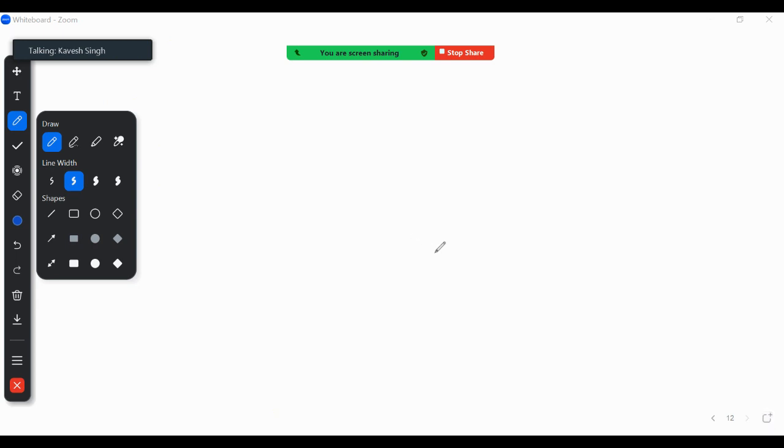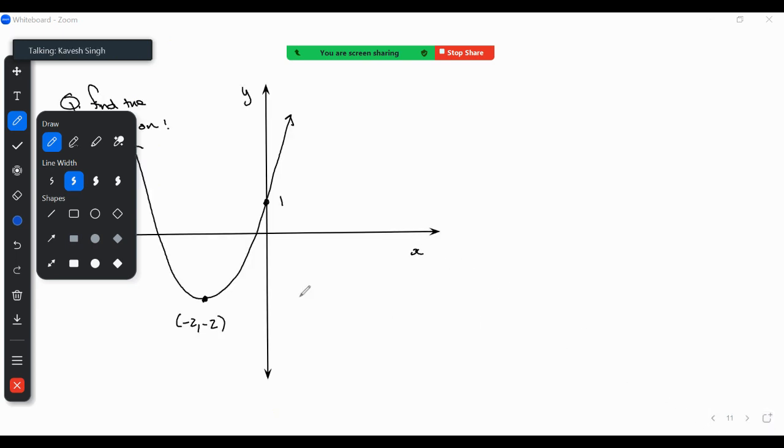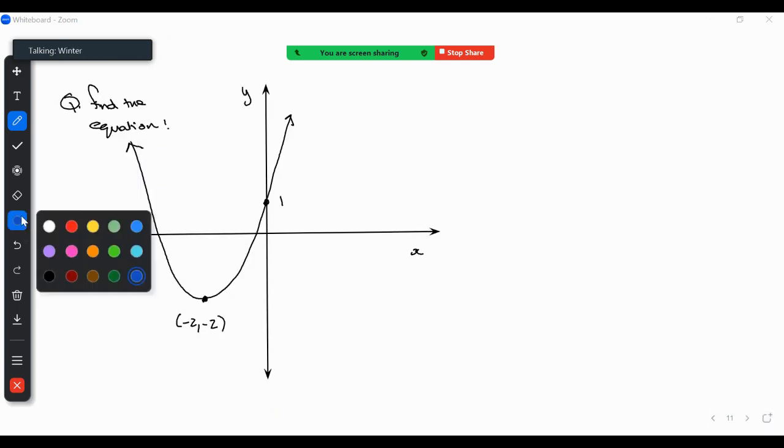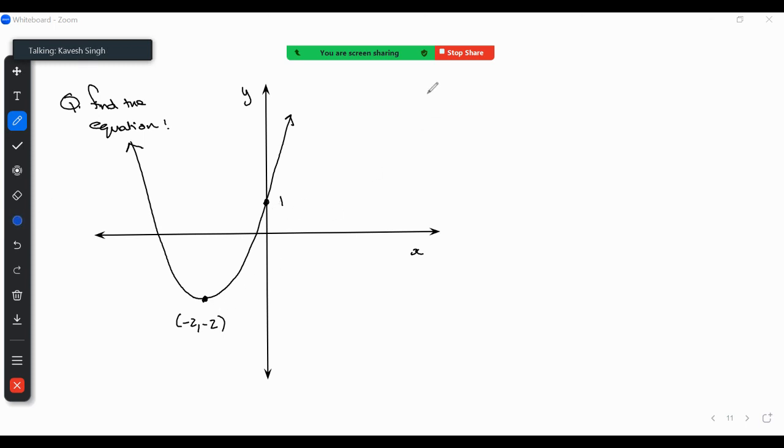All right, let's have a look at it. So what we have here is our turning point. So y equals a times x plus 2. Remember, it's the opposite sign of that. And then squared, then minus 2 there. And then from here, we want to find an a value. So we're going to substitute coordinate 0, 1.